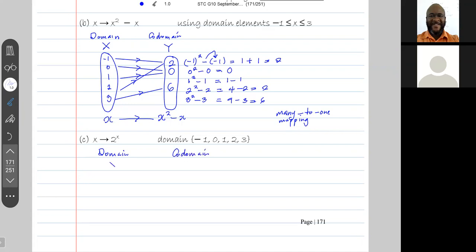We could say that these are x values and these are our y values. So we have -1, 0, 1, 2, 3. X in the domain is mapped to 2 to the power x in the codomain. So it's 2 raised to the power x.